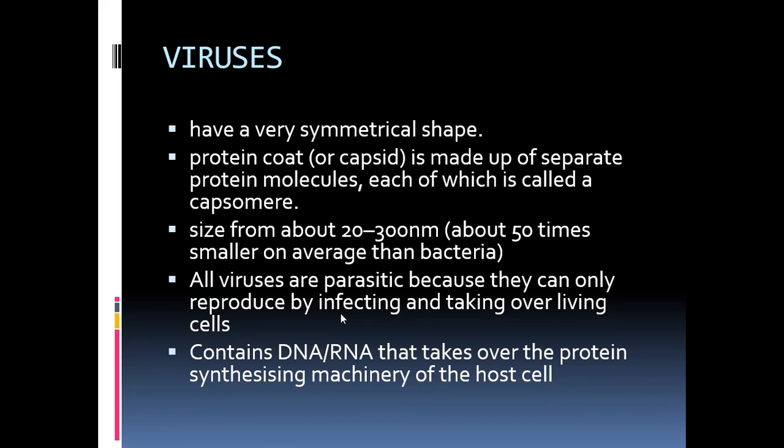It ranges about 20 to 300 nanometers. And all viruses are parasites, because they can only reproduce by infecting and taking over living cells. And like I said just now, it contains DNA or RNA that will take over the protein synthesizing machinery of the host cell for them to replicate.